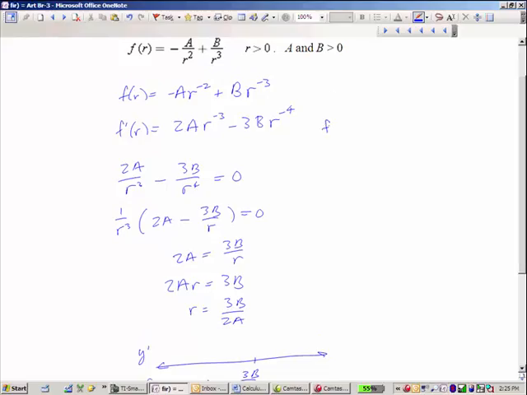Second derivative. Zach, you want to do it? It's -6ar^-4 plus 12br^-5. So that looks like -6a over r to the 4th plus 12b over r to the 5th.